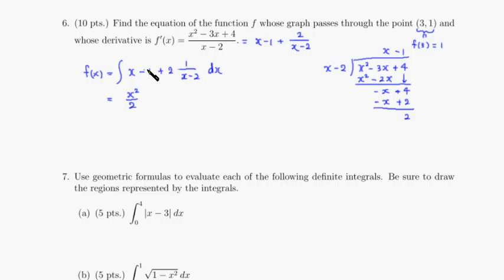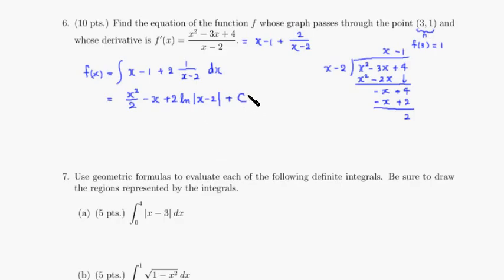The antiderivative of negative 1 is negative x. There's a plus 2 right there. The antiderivative of 1 over x minus 2 is natural log of the absolute value of x minus 2. Then you have plus some constant c.